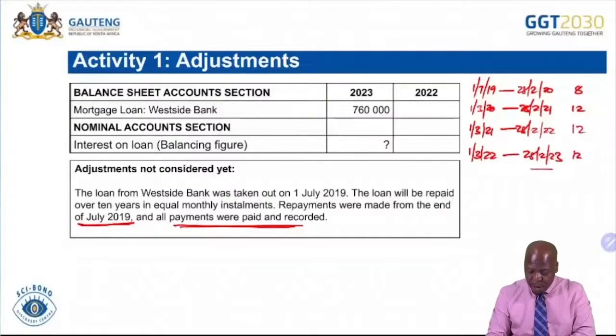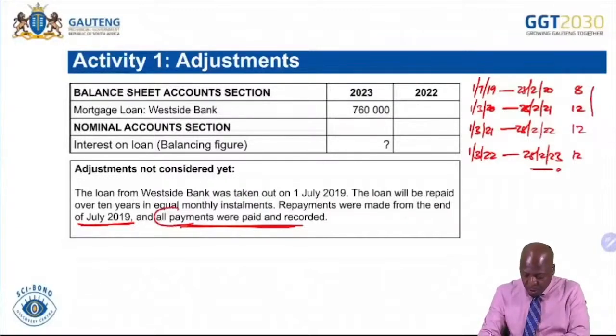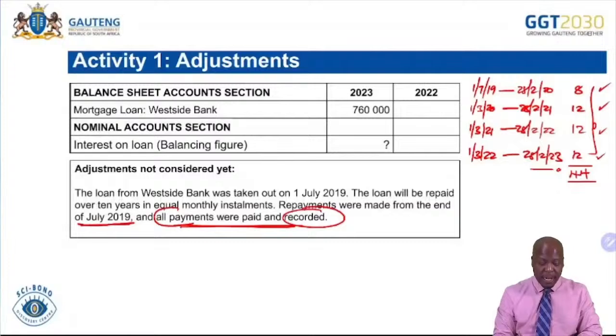So this 28th February is now. And we are told that all payments, including this month of February, have been made. So in total, how many payments have we made? It's 12 plus 12 plus 12 plus 8. Quickly, that gives you 44 months. So 44 months have been paid and recorded.